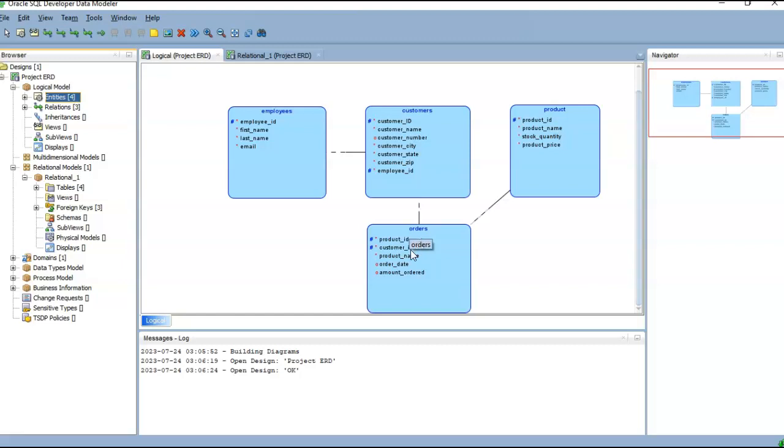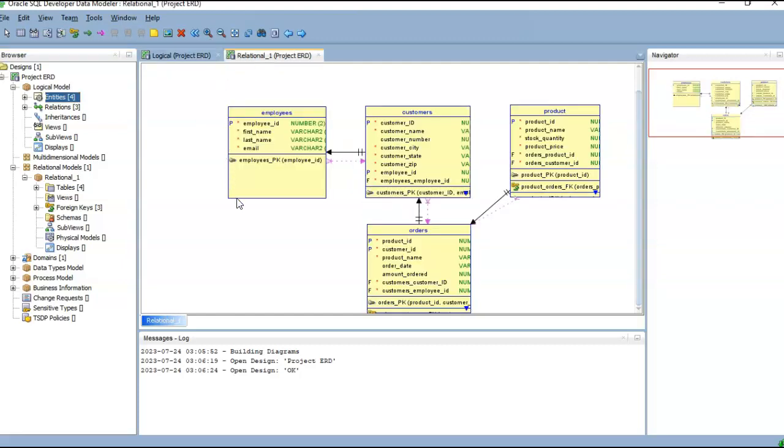What I got confused on is relating these, like employee ID with this employee ID, making that the foreign key. That is what I struggled with, and you can see it with the relational diagram.